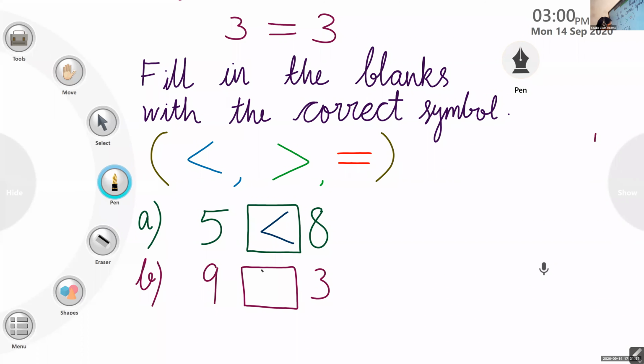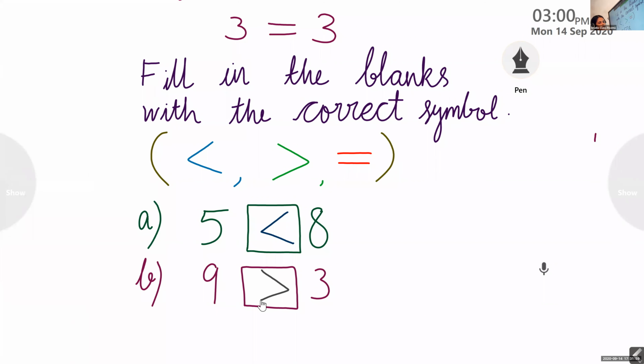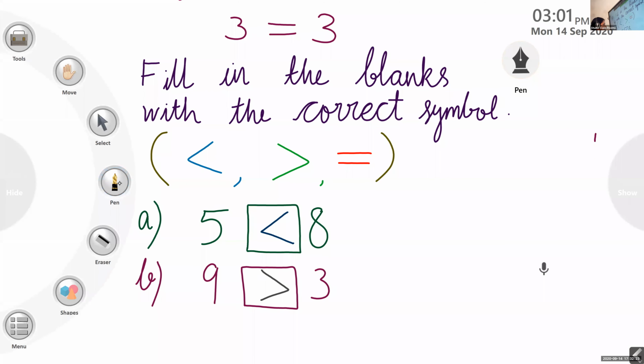Now read it. 9 is greater than 3. Good girl.